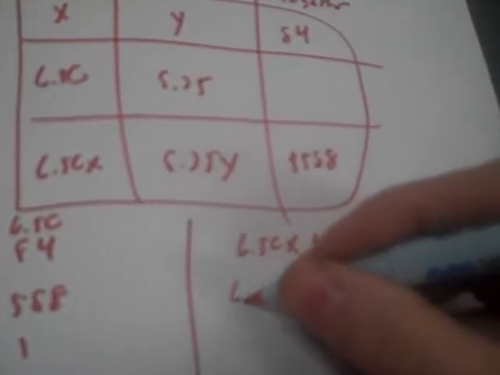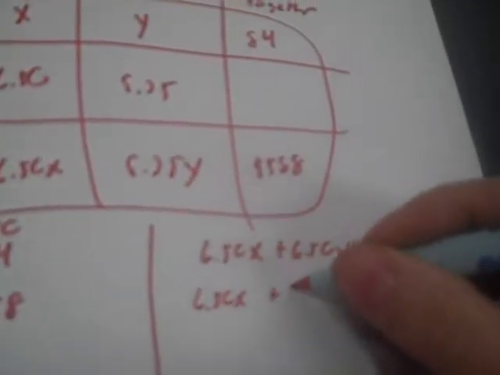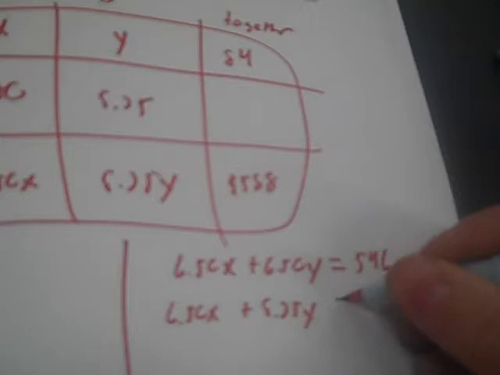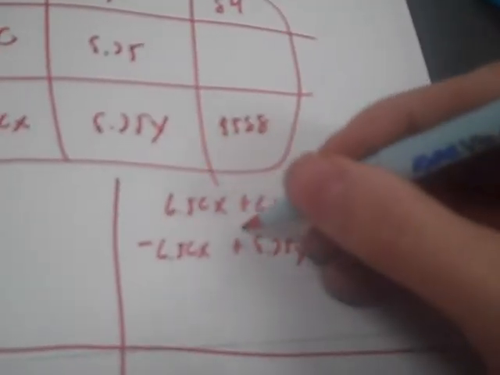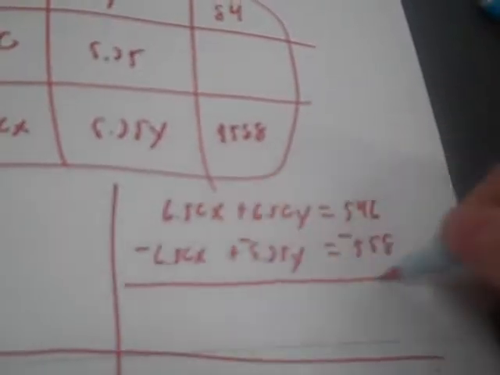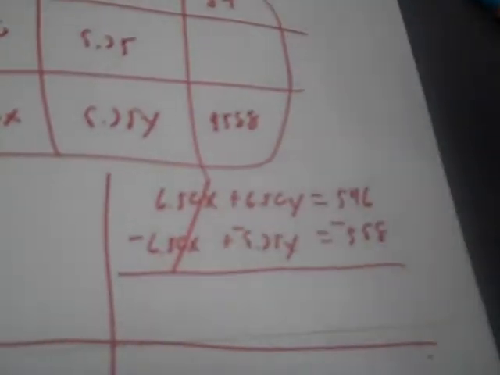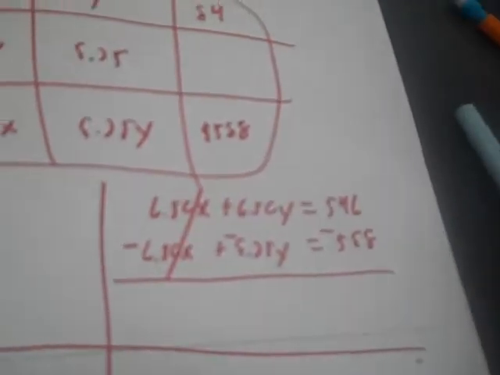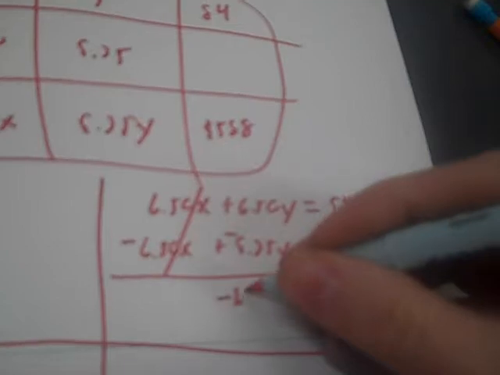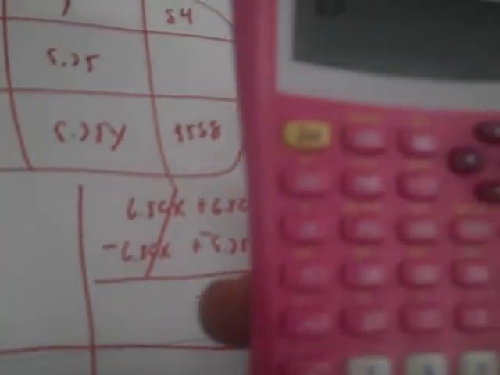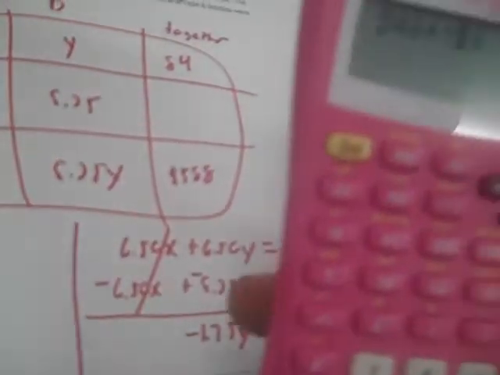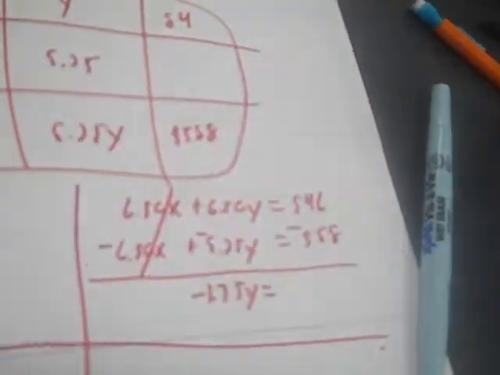So 6.50x plus 8.25y equals 588. We make these all negatives. Those cancel. And 6.50 plus negative 8.25 is negative 1.75y. And then I take 546 plus negative 588, and that's negative 42.